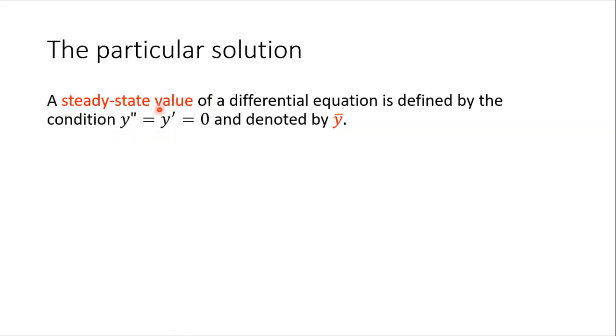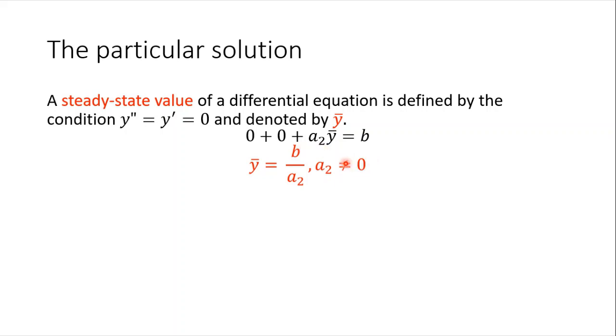The steady state value, as usual, will be denoted by y bar. If we substitute back into the original equation, y double prime is 0, y prime is 0, and then here we have a2 y bar equal to b, and of course y bar will be equal to b over a2. This happens when a2 is not equal to 0.